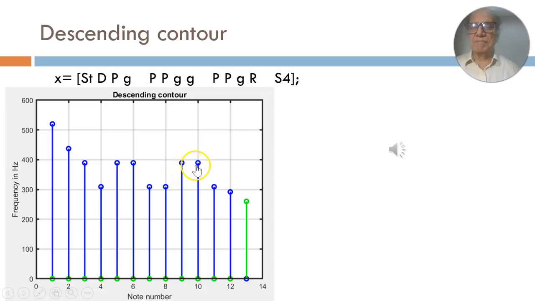Then go up a little, repeat the pitch, go down again and go down further and finally rest on the madhya saptak shadaj. Although in between you may have lows and highs, overall you start from the highest note and end on the lowest note. So overall it's a descending contour or descending pitch pattern.